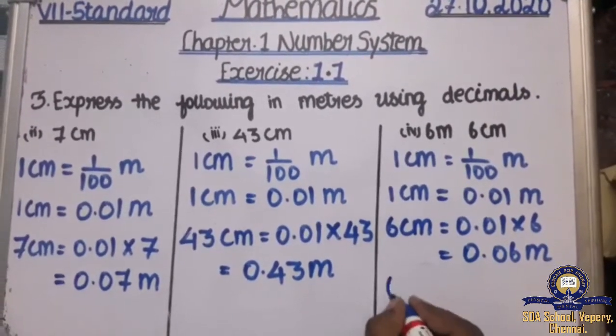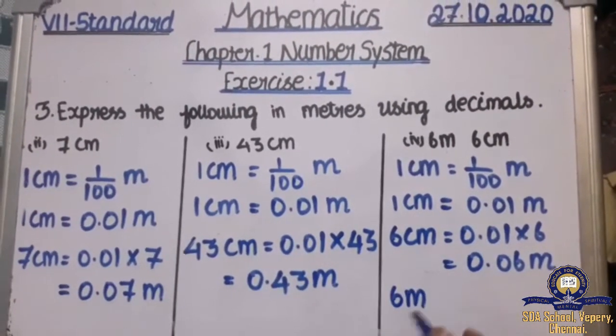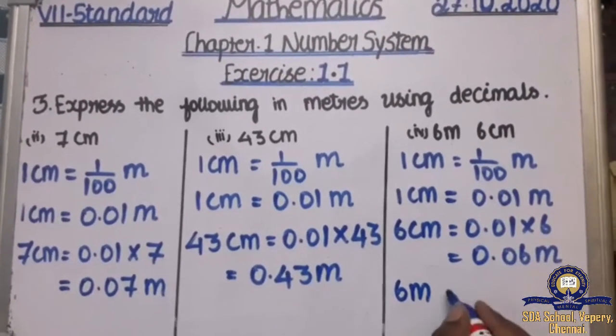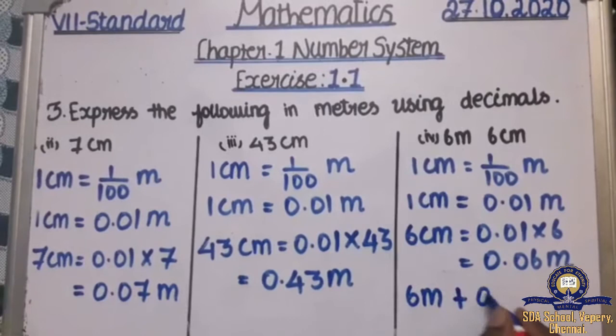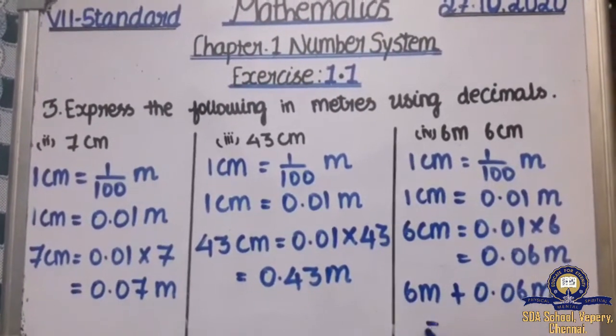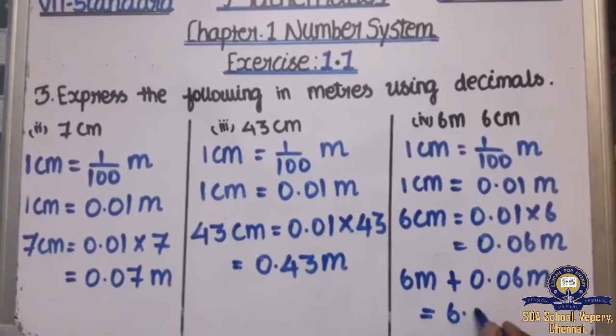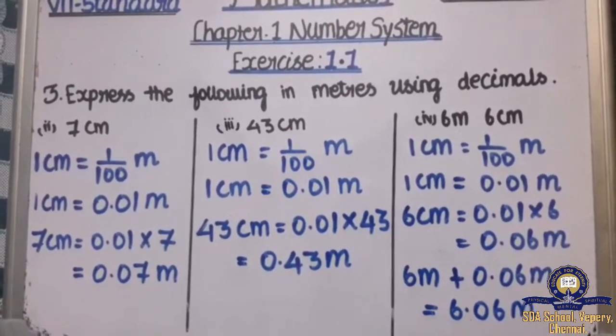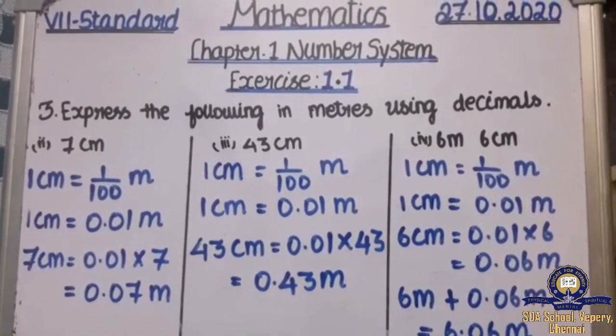One is 6 meter. The next one is 6 centimeter changed into 0.06 meter. So we need to add these two values. We get the final answer as 6.06 meter. Okay students, now we understand this.